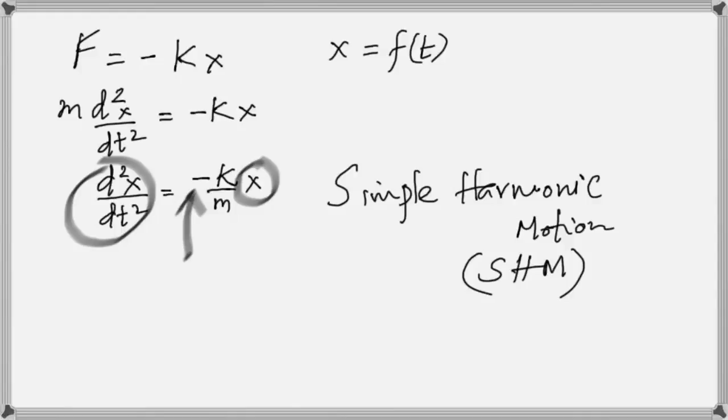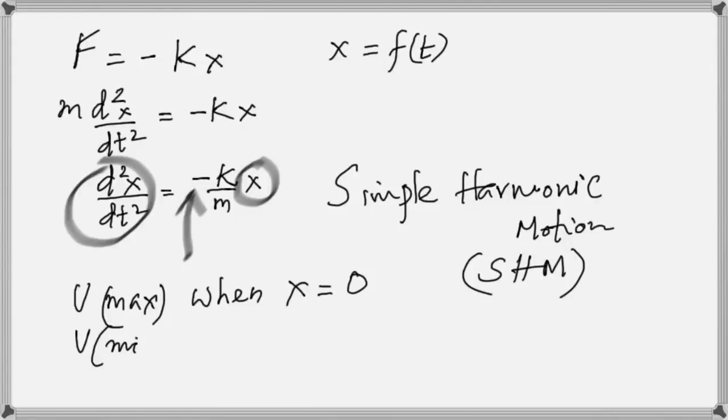So I'm trying to say that the velocity is maximum when x is equal to 0, and velocity is minimum, which is actually 0, when x is plus or minus a, the absolute value of the amplitude. That makes sense?